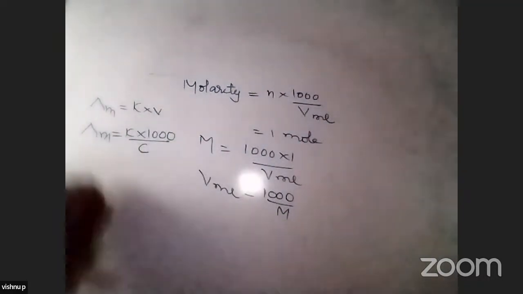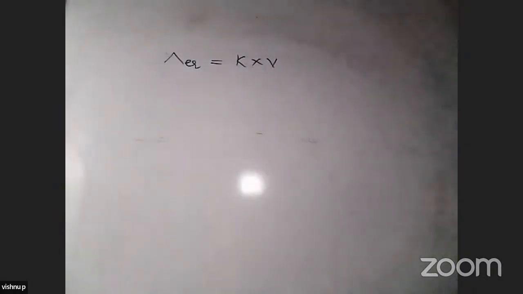And next concept is equivalent conductivity. What is this equivalent conductivity? Here, equivalent conductivity is equal to K into volume. In equivalent conductivity, we take 1 gram equivalent of electrolyte.